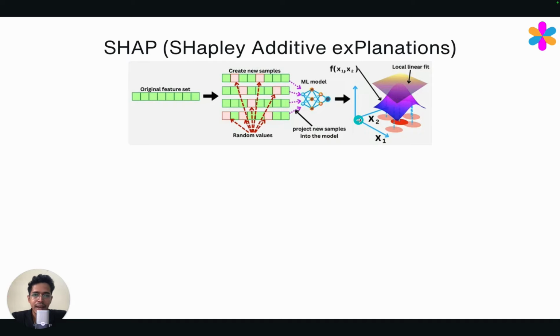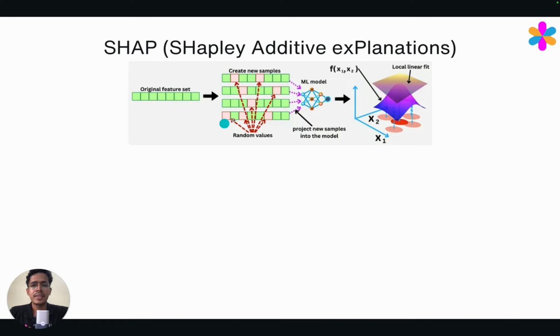But don't worry about that, it's just a visual representation. So if you have n features, you randomly replace a few features with random values, and then you create a local linear fit, and based on the local linear fit you classify these newly generated points, and based on that we will know which features are contributing more towards the classification, which are the most sensitive features.